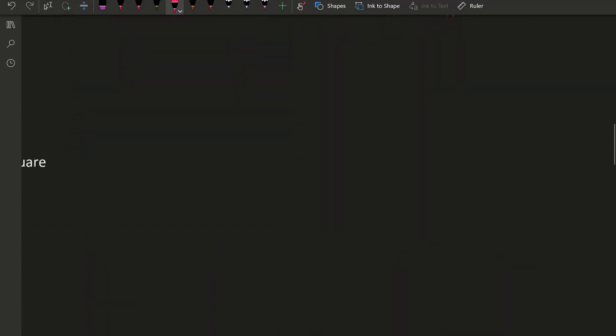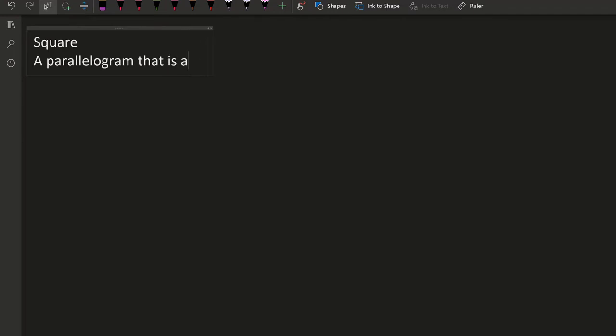So, that leads us to a very special parallelogram, a square. And a square is really interesting because a square is a parallelogram that is a rectangle and a rhombus.